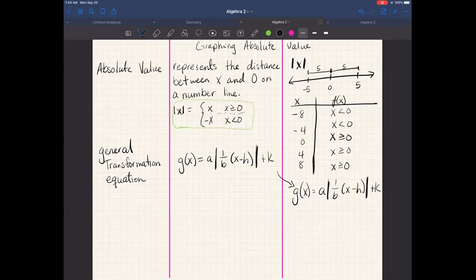And what we're going to do is I'm going to go ahead and switch colors. So A is going to be a compression or stretch. This is also compression or stretch.